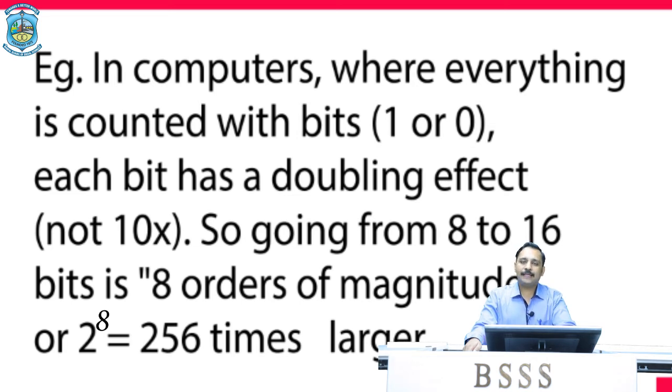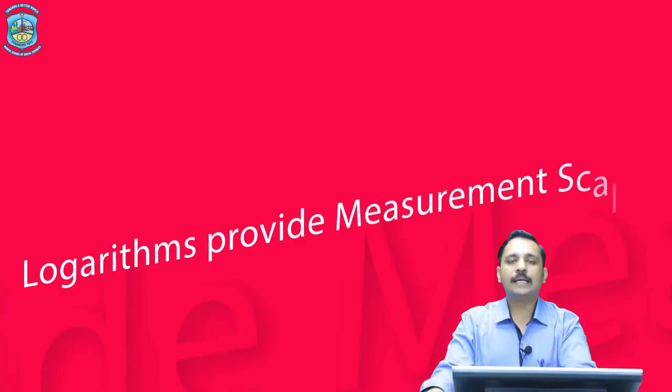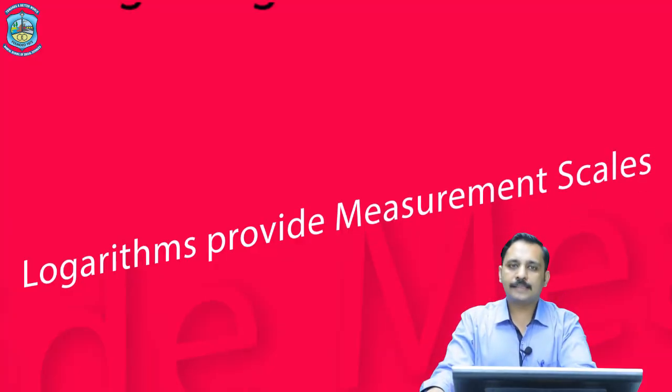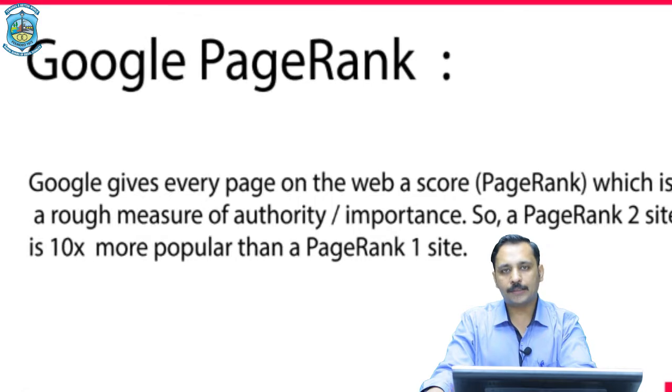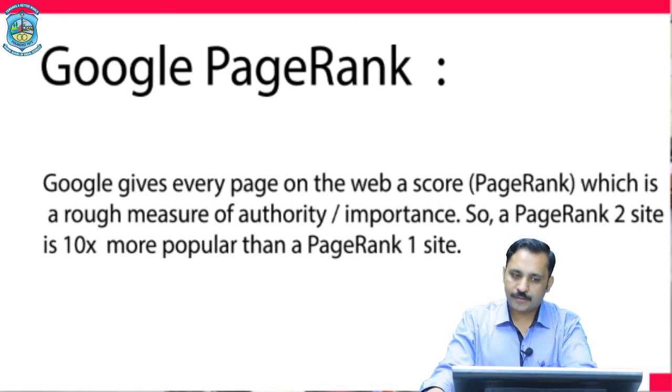So going from 8 to 16 bits is actually 8 orders of magnitude, that is 2 raised to power 8, which is equal to 256 times larger. This is used in measurement of computer memory in terms of bits, bytes, kilobytes, megabytes, gigabytes, and so on. There are many common scales that are used which use logarithms. For example, Google PageRank.